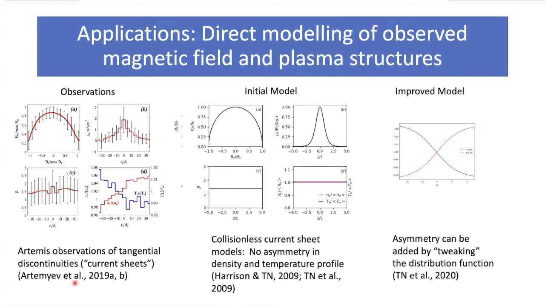And the task here was actually to use the current sheet models that I discussed on the previous slide to model some of the properties that these guys have found for tangential discontinuity / current sheets in the solar wind at about 1 AU with this mission. And I will not go into the magnetic field structure, but one particular property that these observations have is that the plasma beta, which is shown here, is nearly constant across these current sheets.